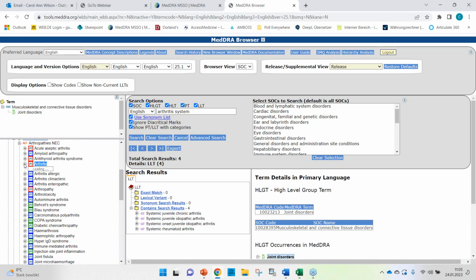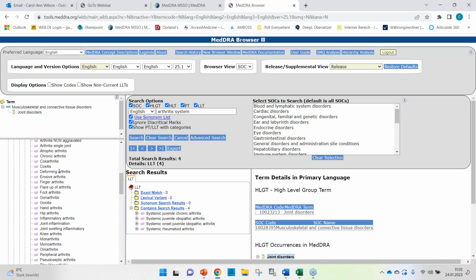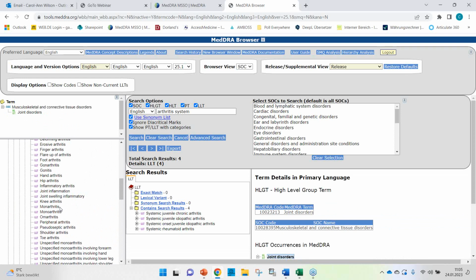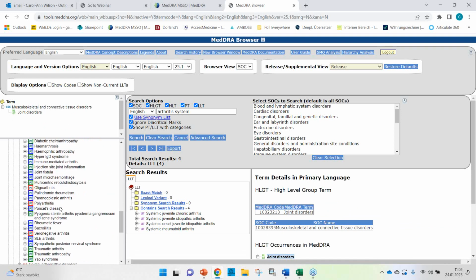The monarthritis is grouped under arthritis, but we know that arthritis is, of course, a different medical concept. It's an inflammation of the joint. It's not reflecting degenerative joint disease. I already told you that arthritis needs to be differentiated from polyarthritis and oligoarthritis, so it's important to make your coders aware of the differences there.